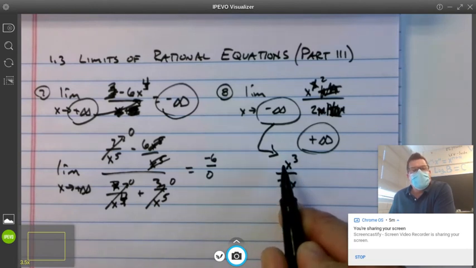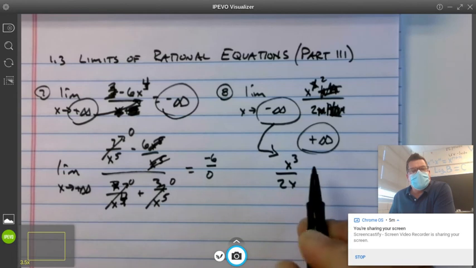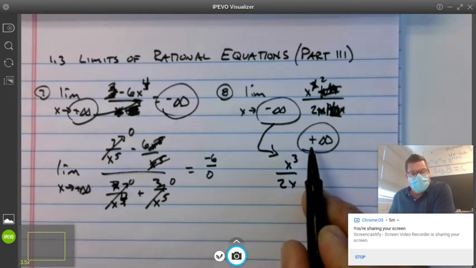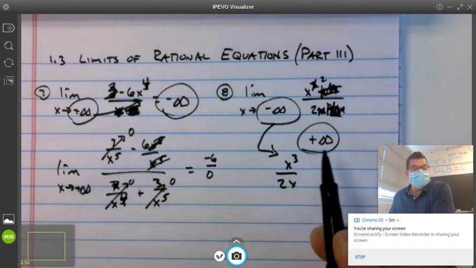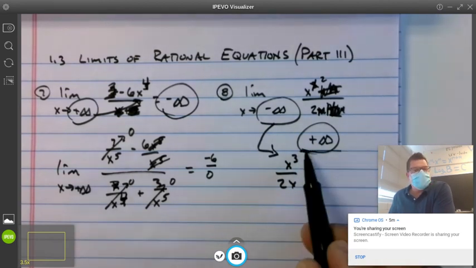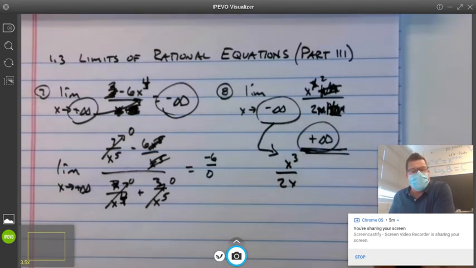A negative divided by a negative is a positive. So we don't have to worry about our sign changes on these. The Smith method works every time until we get radicals under them.